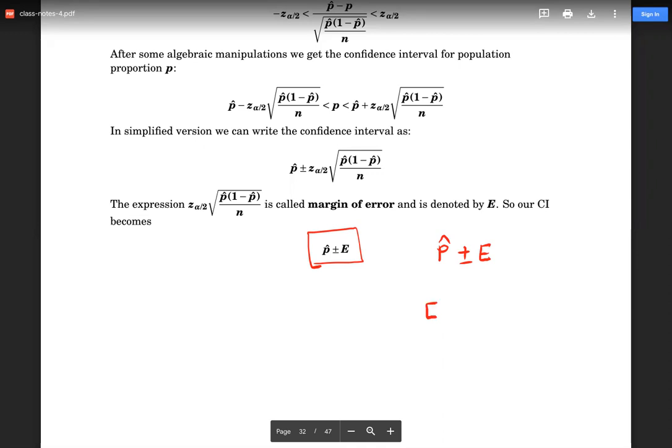E is equal to z sub alpha over 2 times the square root of p hat times 1 minus p hat, all of it divided by n. And that is the formula that I'm going to be using. You should remember this formula, and using it, we are going to find the confidence interval.